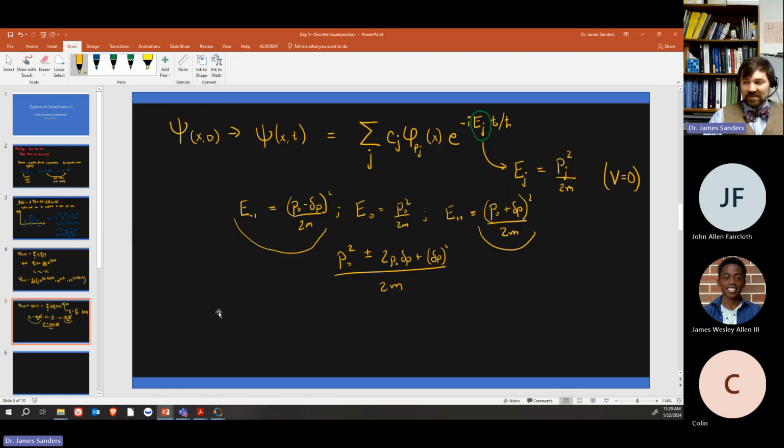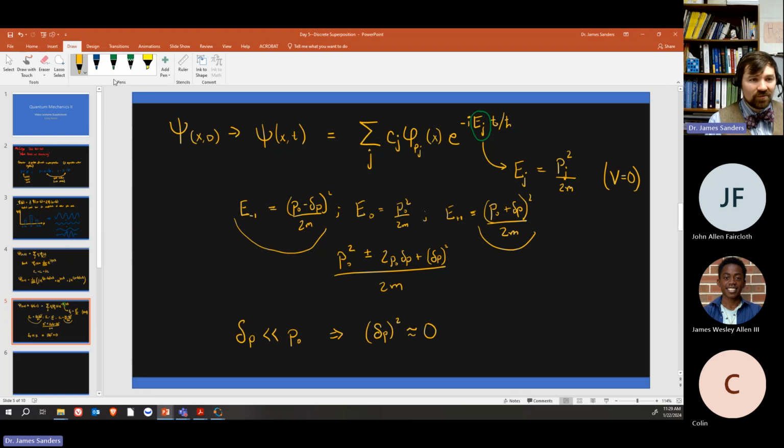So the basic thing that I applied there was, what if delta P is many times smaller than P naught? A factor of 10, let's say, maybe a factor of 5 is doable. Factor of 10 better, factor of 100 fine. If that's the case, then for our purposes, this delta P squared term might as well be treated as a 0.